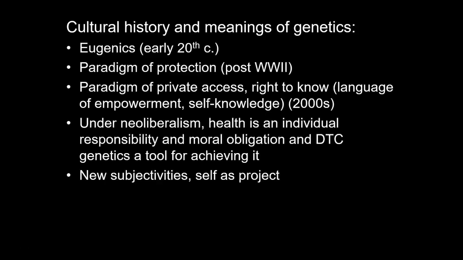So if you look at the history of genetics, and again, as it relates to the public over the last 100+ years, there are some key phases that it goes through. In the early 20th century and through World War II, we see the significance of the movement called eugenics.